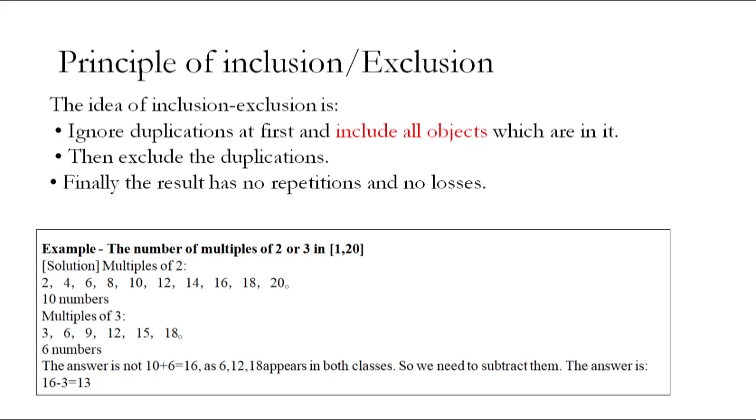The expected answer is not 16, because the first set has 10 elements and the second has 6, but the total cardinality is not 16. We subtract the common elements. Three elements are common, so removing those 3, the cardinality becomes 13. This is the famous formula that you have already studied, which comes under inclusion and exclusion.